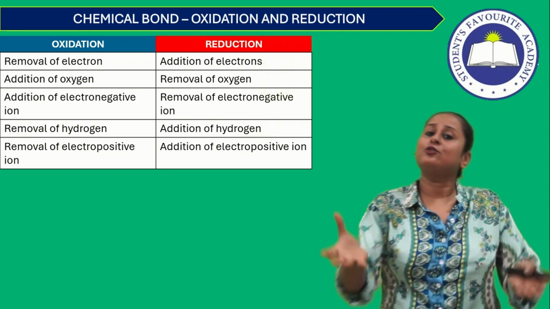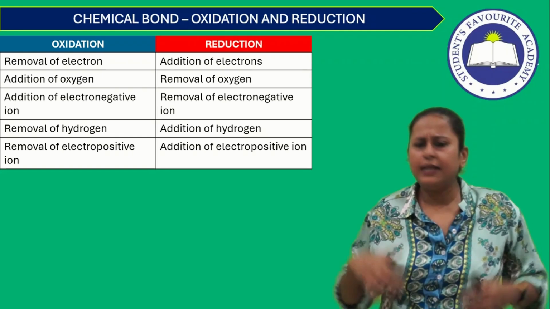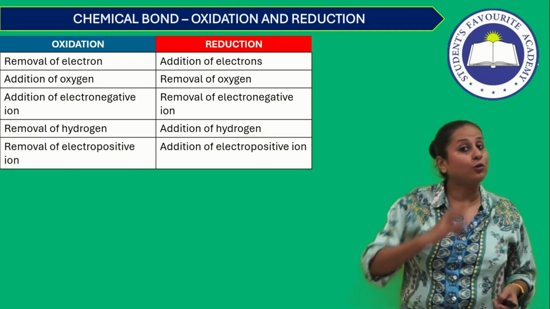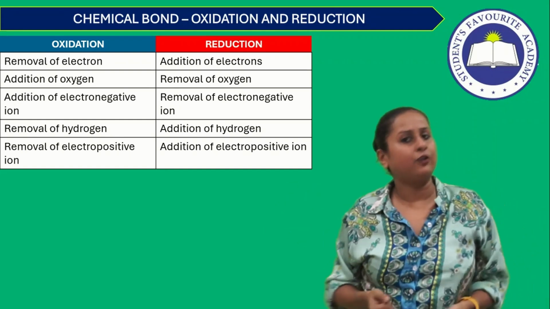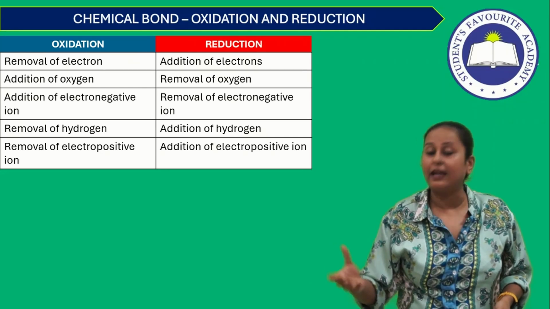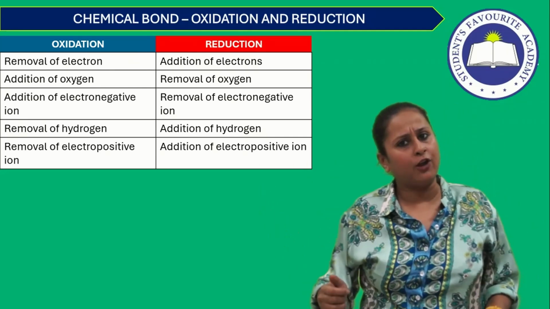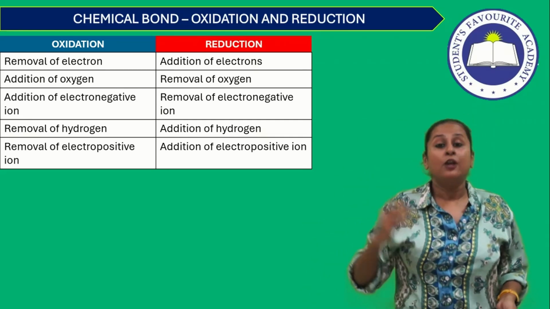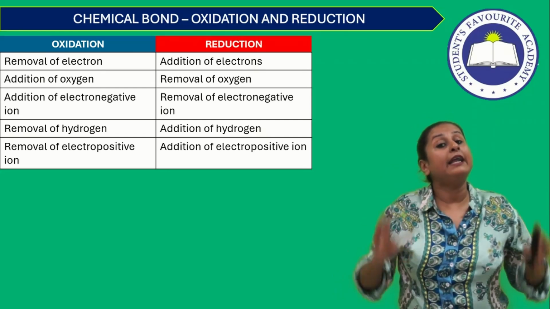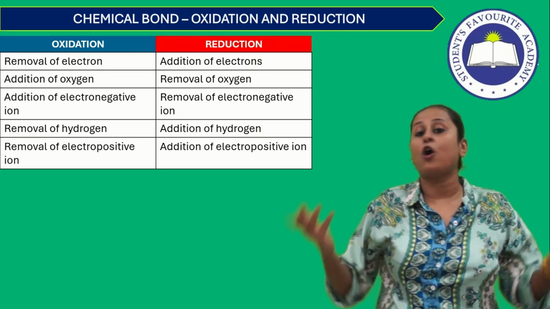And as opposed to gaining oxygen, when you lose hydrogen, let's say I am not able to gain any oxide ion, that is O2 minus, or any other electronegative ion. In that case, losing hydrogen ion, that is H plus ion, or losing any other electropositive ion like Na plus, Mg2 plus, Ca2 plus, is also called oxidation.